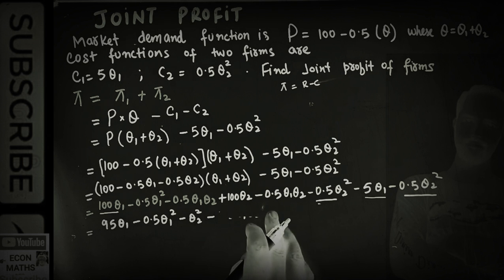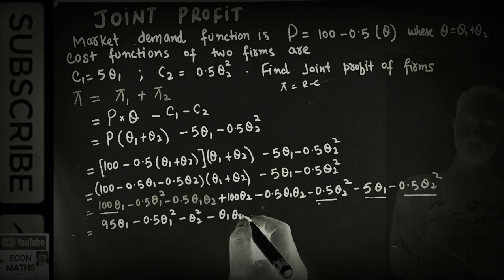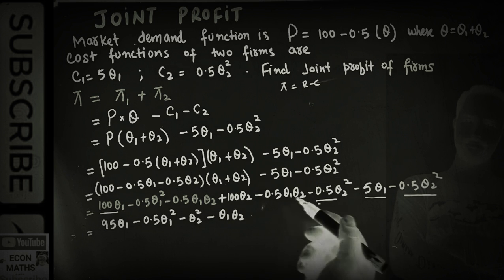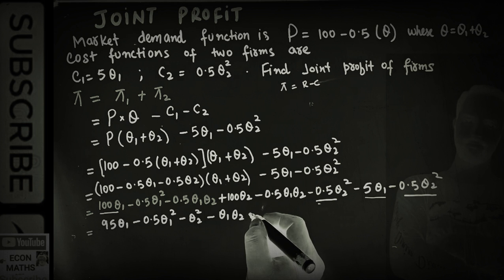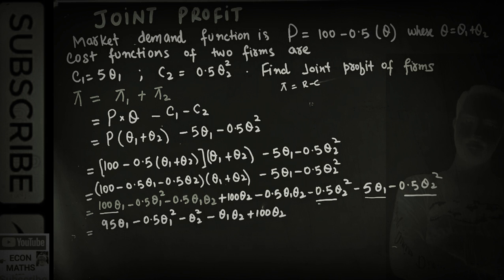These two terms are also similar, so this becomes minus Q1 Q2 only. And then we have 100 Q2. I hope I am doing this calculation right here. So this is the total profit.